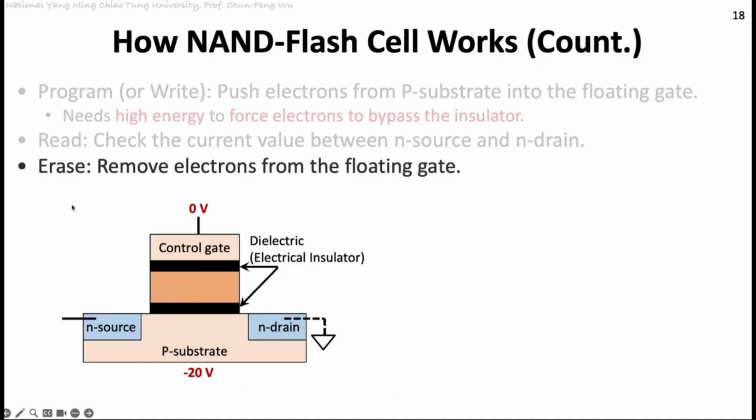Okay, so all the memory cells in one block share the same P substrate. This is the reason why, as we just mentioned, when we are going to erase the data, it should be at block granularity.